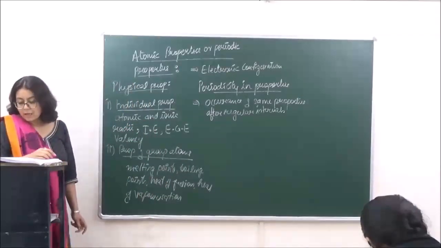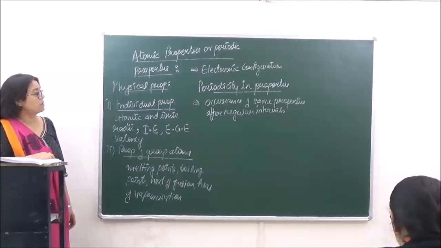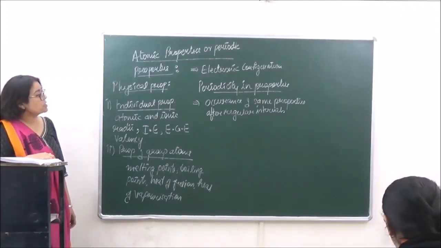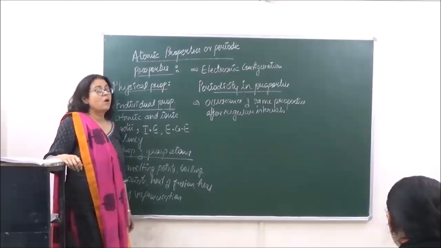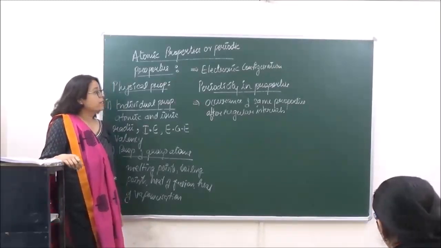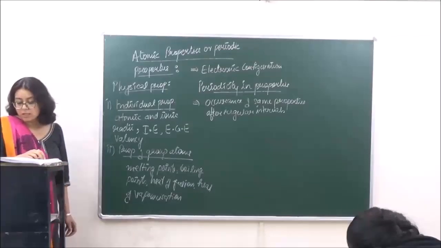That is known as periodicity of properties, right? So this periodicity will occur after regular intervals, after a definite pattern of atomic number. Okay, so this is what periodicity in properties is.